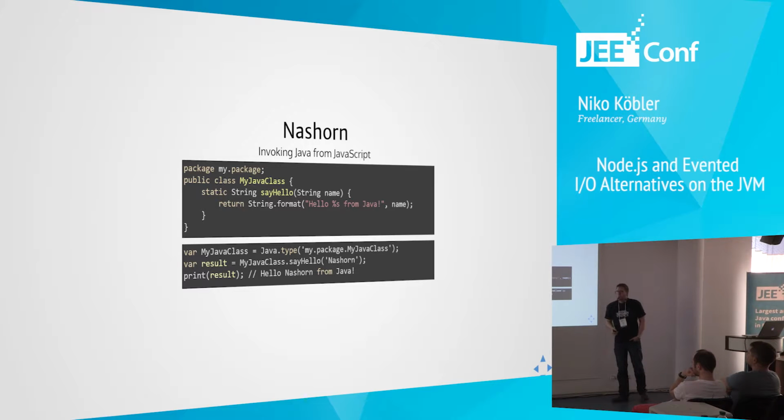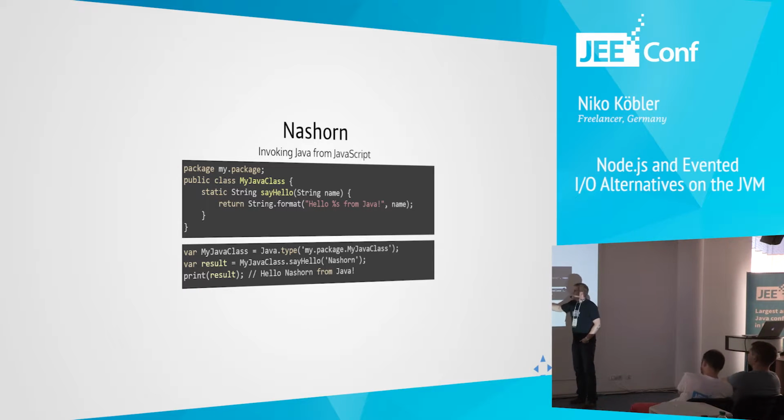This is because Nashorn knows all the packages from Java lang and Java util, and all the other packages you have to kind of import with Java type. And then you have a reference to your class and can call the static method, pass parameters to it, and print the result.